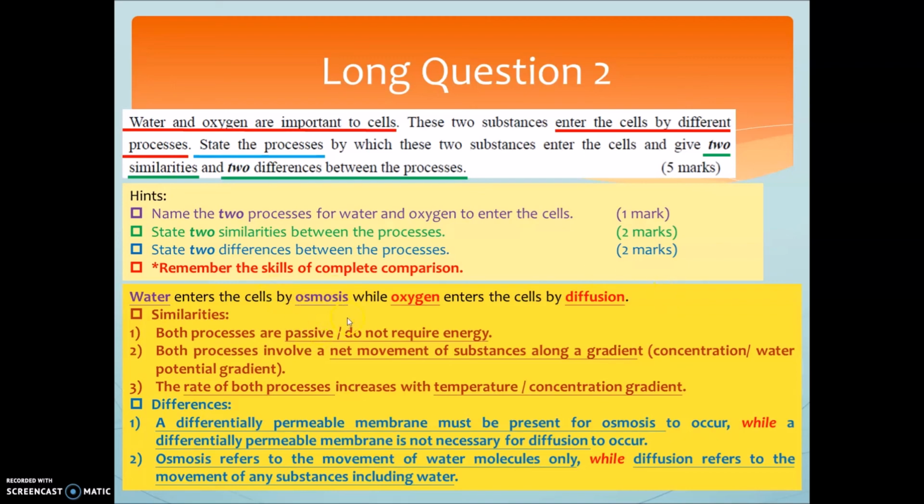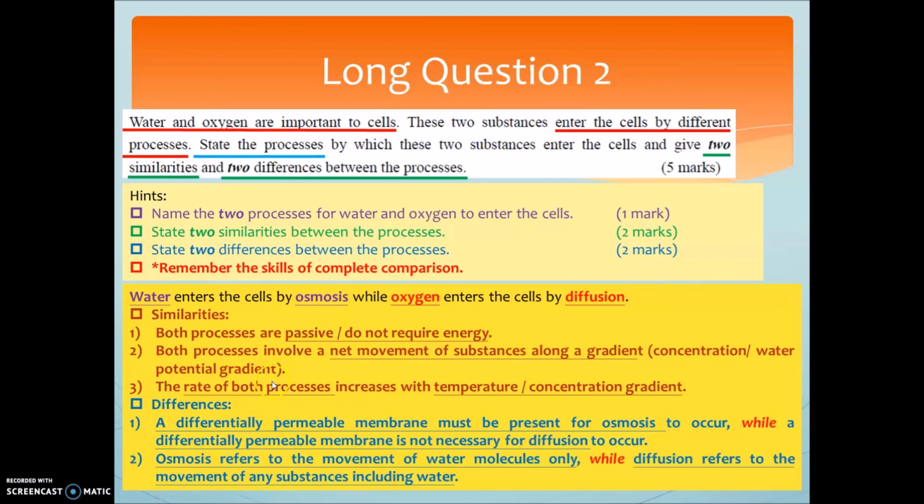For example, osmosis and diffusion, both of them are passive. Both processes are passive, they do not require energy, or both of them involve a net movement of substance along a gradient, maybe along the concentration gradient, maybe along the water potential gradient. No matter what, it's along a gradient.